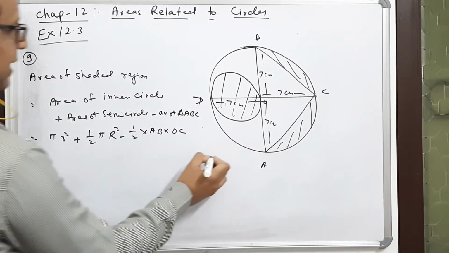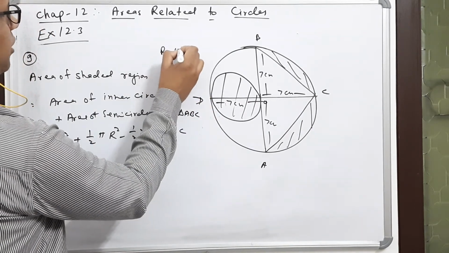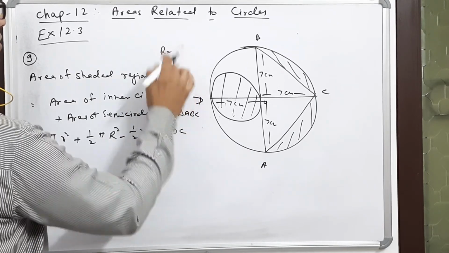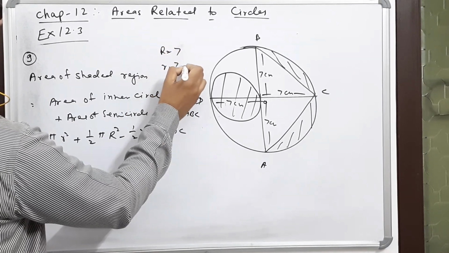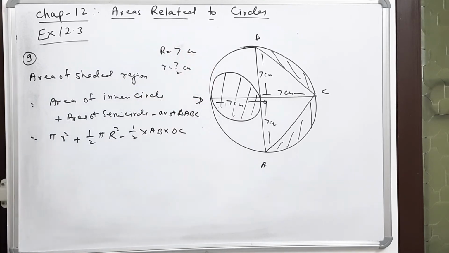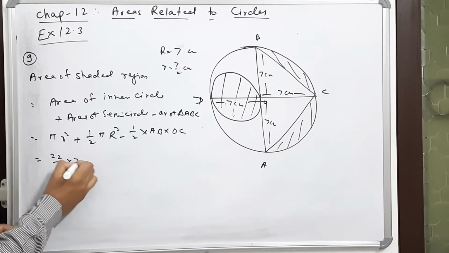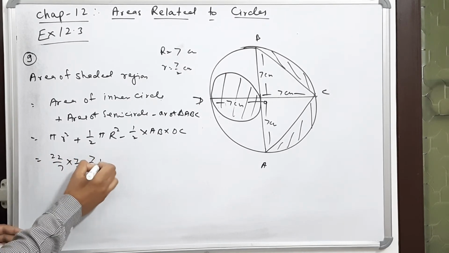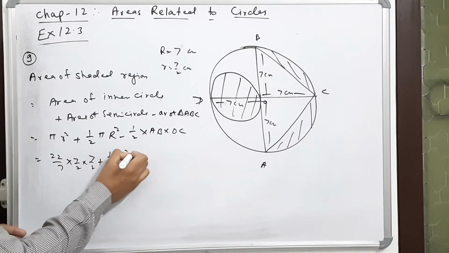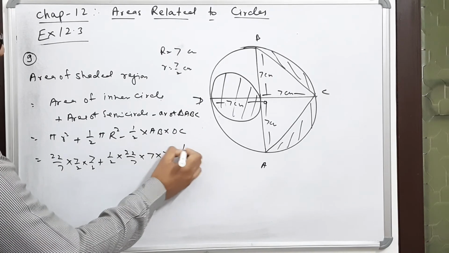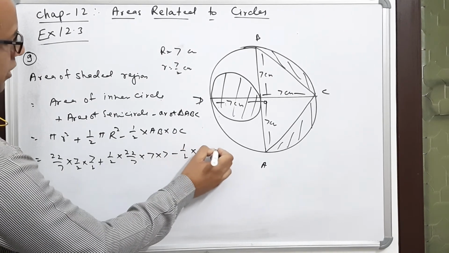This capital R is 7 centimeter and the small r is 7 by 2 centimeter as it is given here. So the answer is 22 upon 7 into 7 by 2 into 7 by 2 plus half 22 by 7, 7 into 7 plus half 14 into 7.